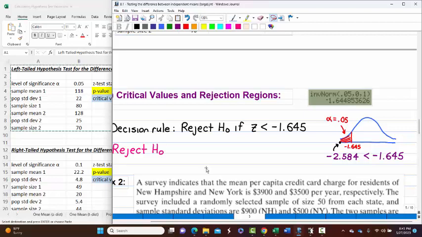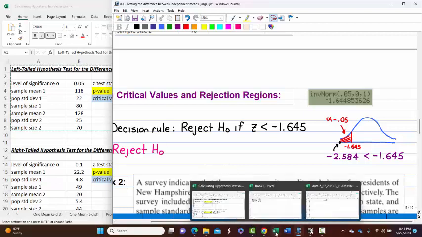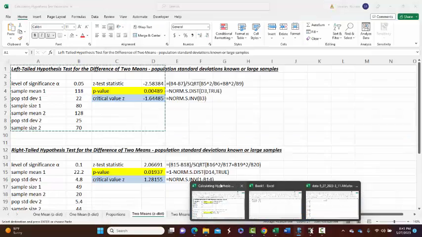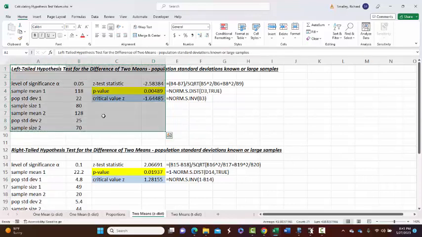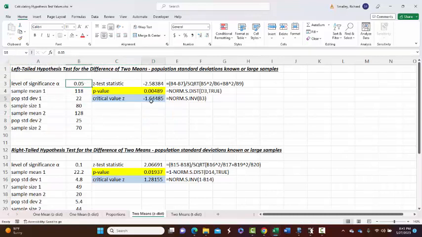And therefore we reject. Now I think I've shown you that you can do them with norm.s.inv, whatever. But frankly, if I was using a spreadsheet, once you put in the 0.05, like right there, there's your critical value right there. There's the command right there. You see norm, but you might as well just put the level right there. There it is. Quick and easy.